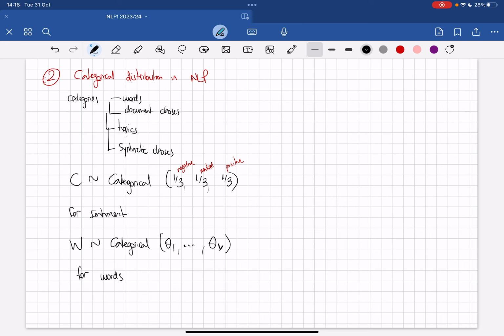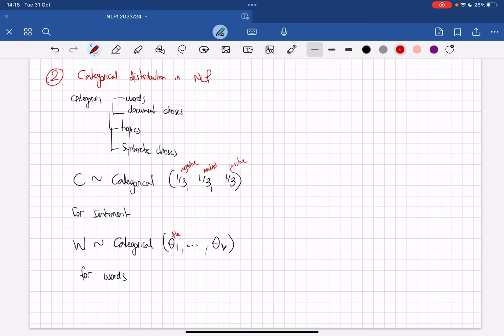Right, so v here being my vocabulary size, so perhaps theta 1 corresponds to the probability of drawing a the. Maybe theta 102 corresponds to the probability of drawing a dog, maybe, and so on and so forth.